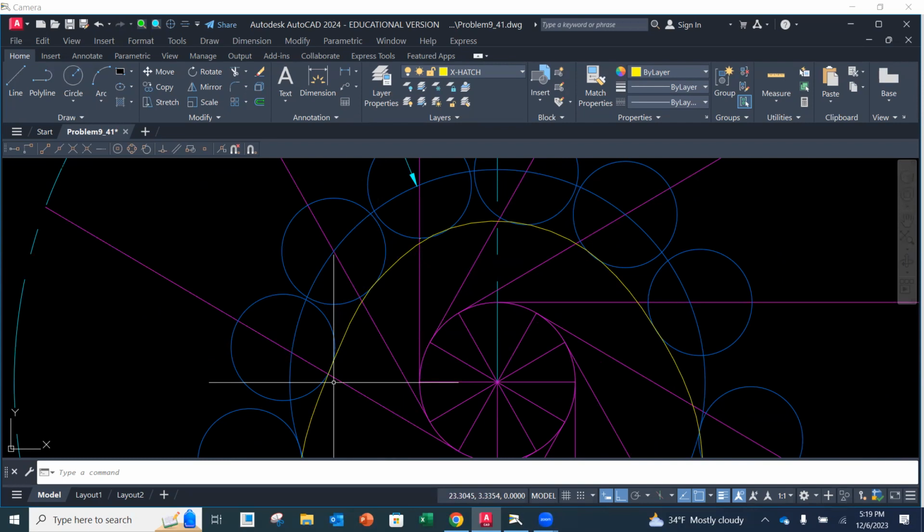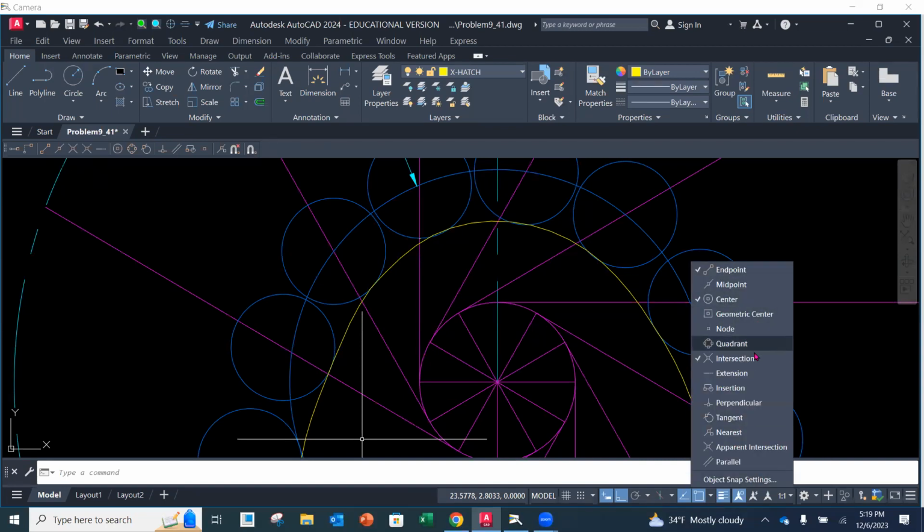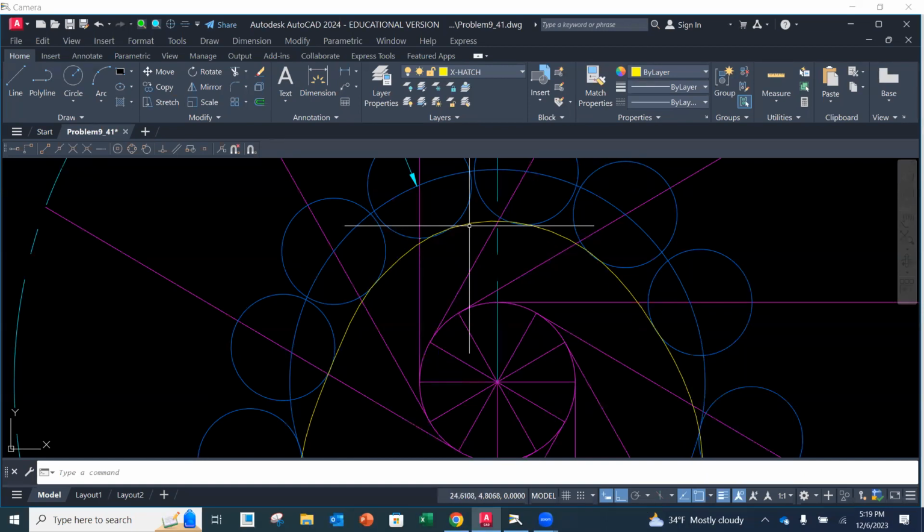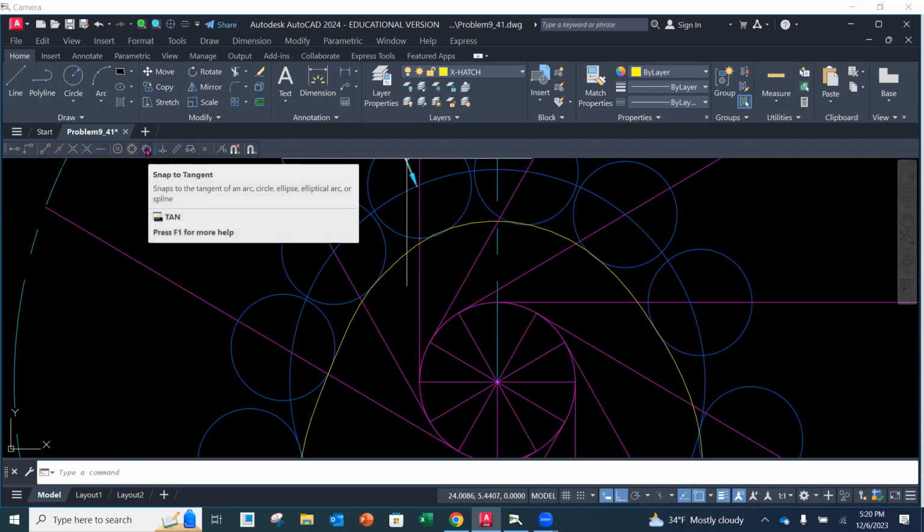Instead of using points along, you can do one of two things. You can go down to your object snaps and take everything off except for tangent, or you can do a shift right mouse button and catch tangent each and every time, or you can use the toolbar here and use tangent each time as well.